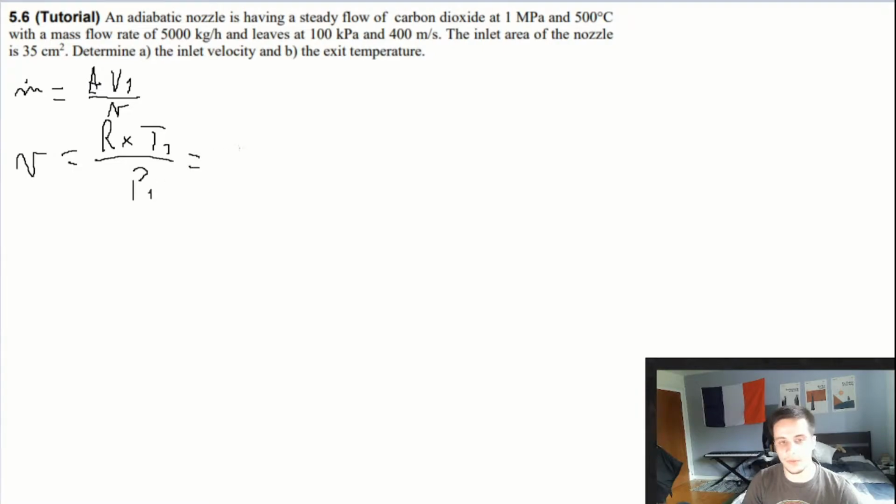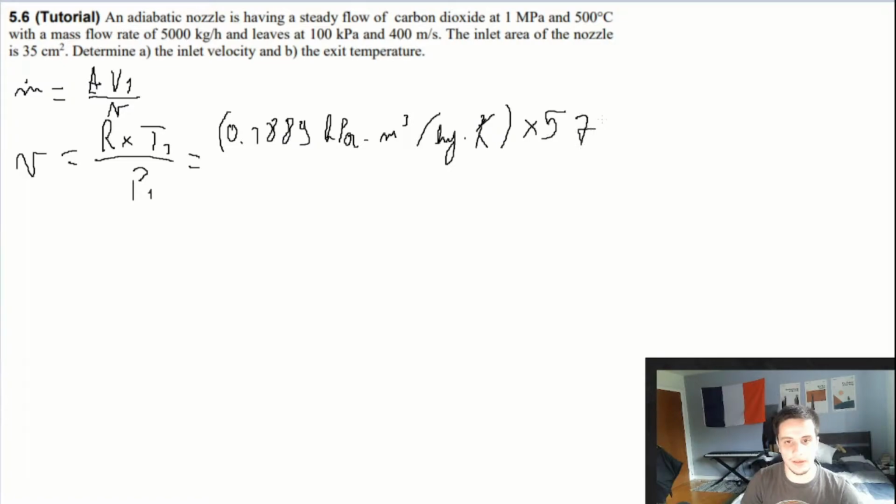That will equate to 0.1889 kilopascal meters cubed per kilogram per Kelvin, and then all of that times 500 Celsius, so that's plus 273 to convert to Kelvin because you're multiplying, so 573 Kelvin, and then you divide that by the initial pressure, which was 1 megapascal or 1000 kilopascal.